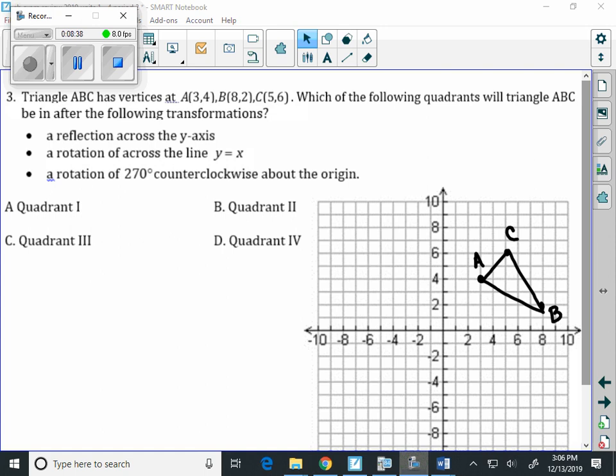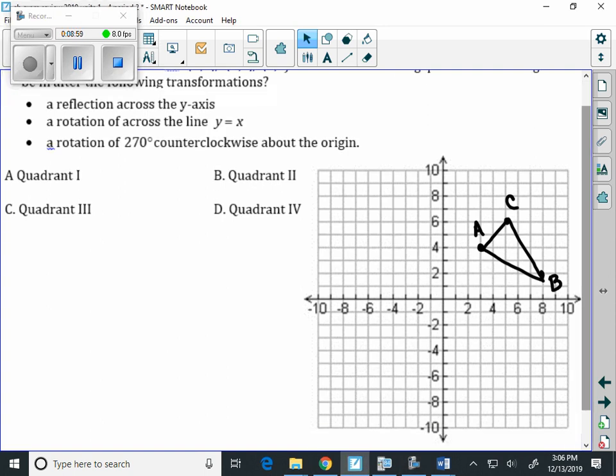Number 3. Triangle ABC has vertices at A, B, and C, and I actually already drew those in for us to start. If you haven't drawn them in, I recommend that you draw them in now. Which of the following quadrants will triangle ABC be in after the following transformations?